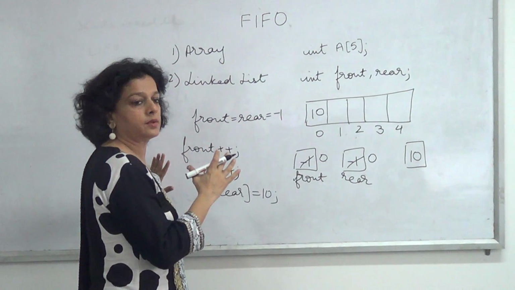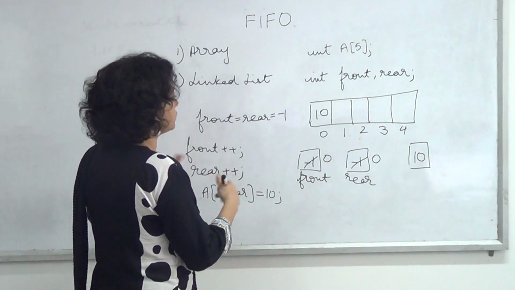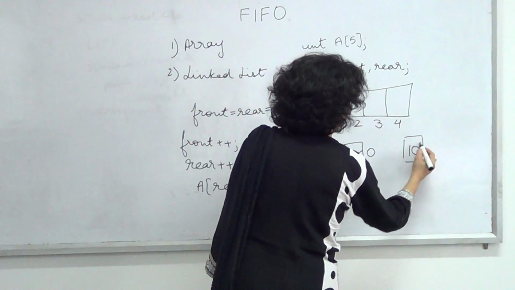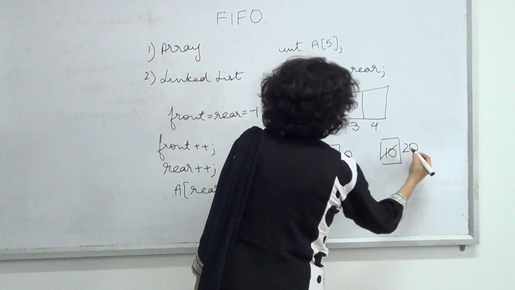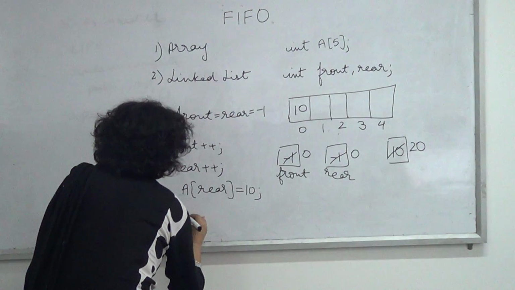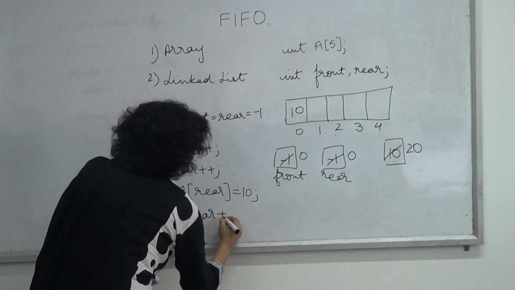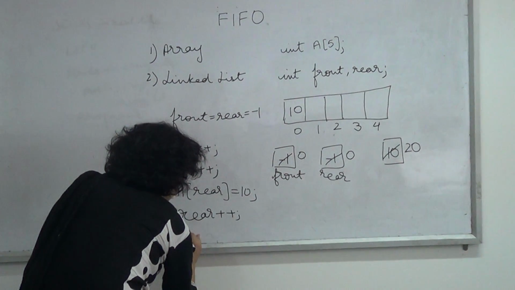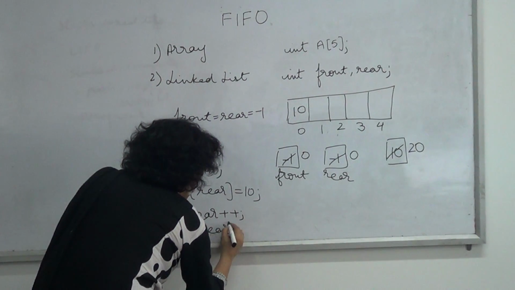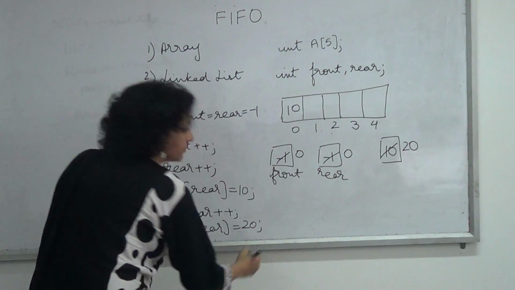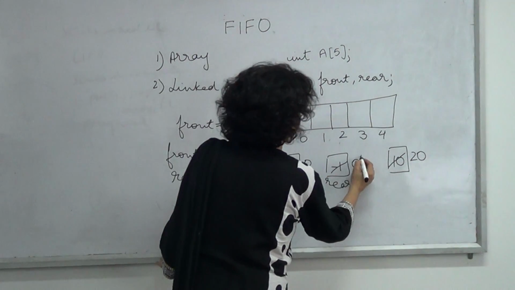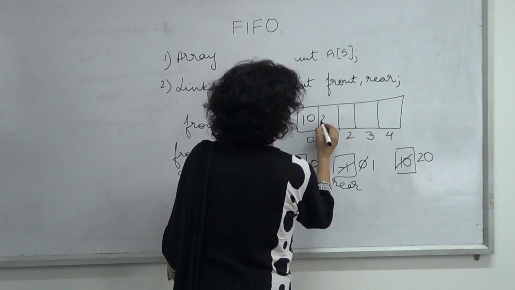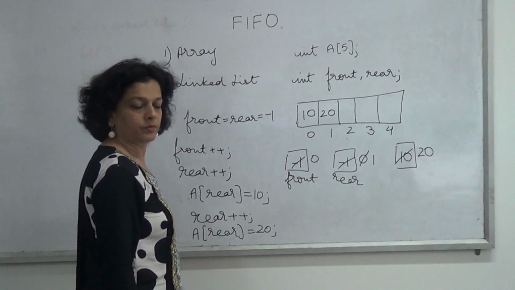There is no need to increment the front variable. Suppose I want to add 20 to the queue, I will increment rear and say a[rear] equal to 20.